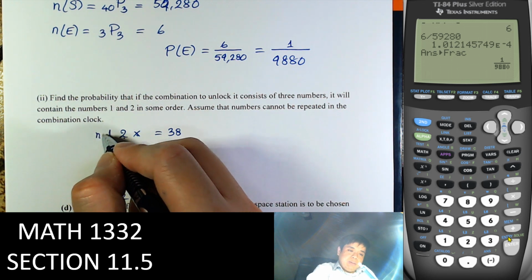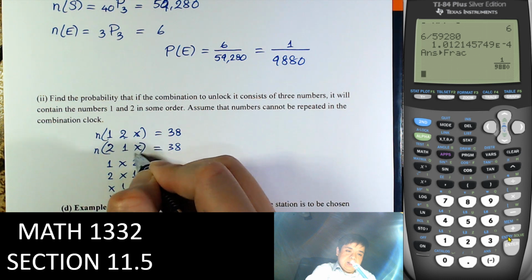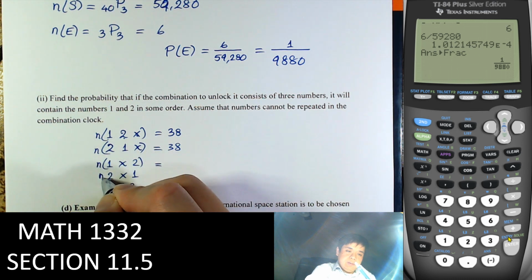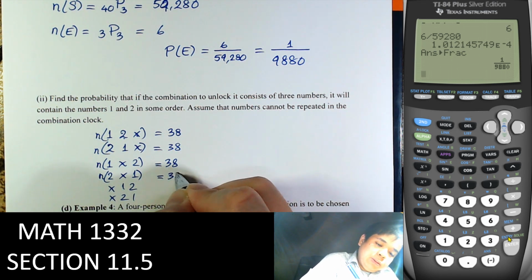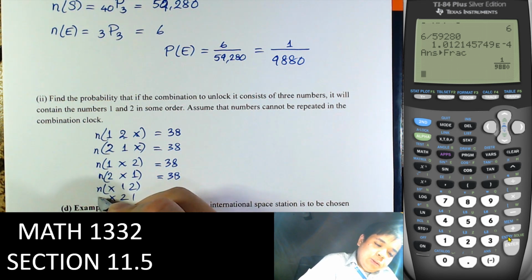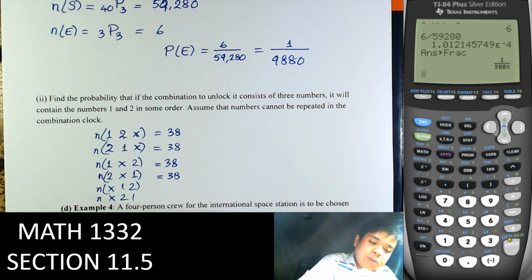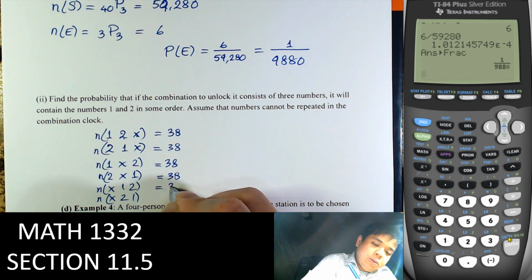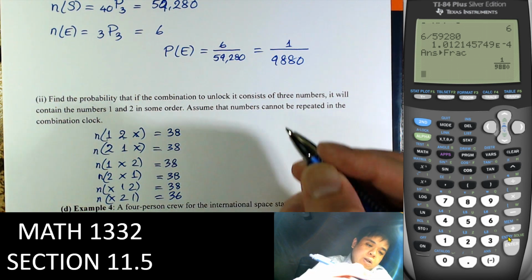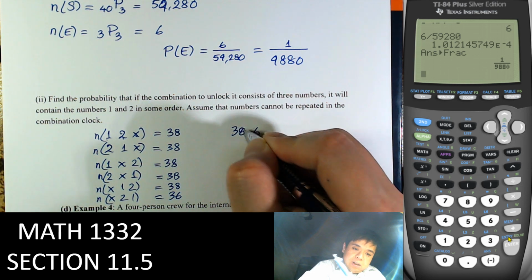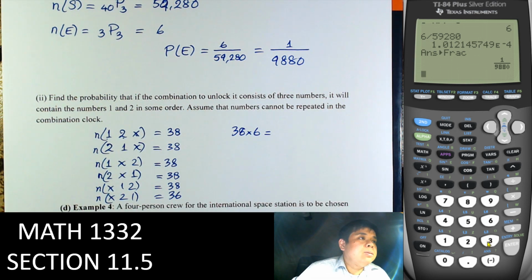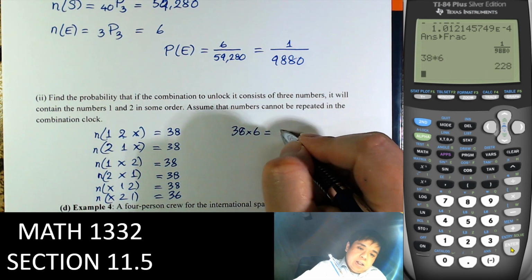So the number in this case is 38 each, so 38 times 6, which is 228.